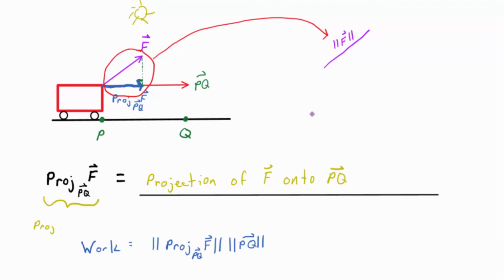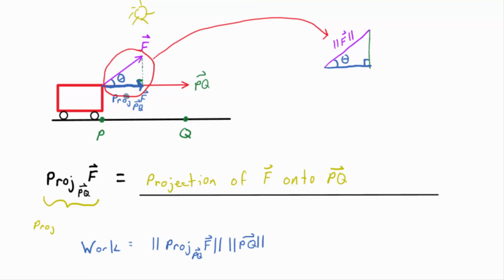So forget about the arrows. Let's think about a triangle here. And then this guy projected down would be that guy. Make it solid. And then this projection of F onto PQ, this guy. This angle would be theta. I didn't label it over there, right? But that would be theta. The angle between F and PQ, or projection of F onto PQ, either one.